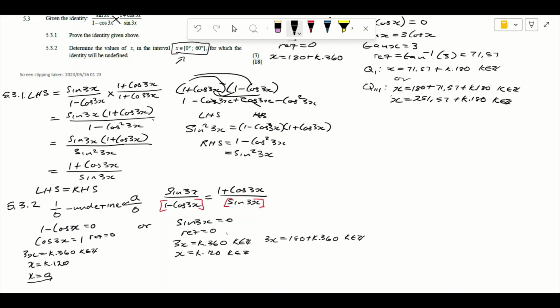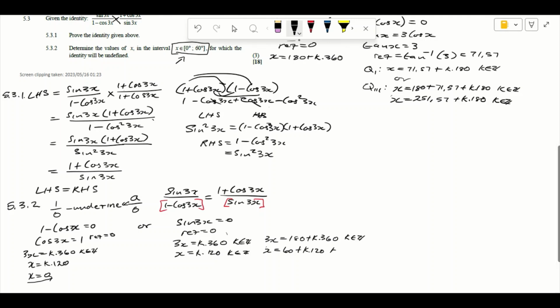So over here I have 3x is equal to 180, and then what I can do is divide everything by 3. x is equal to 180 divided by 3, which is 60, plus k times 360 divided by 3, which is 120, so it's k times 120, where k is an element of integers.